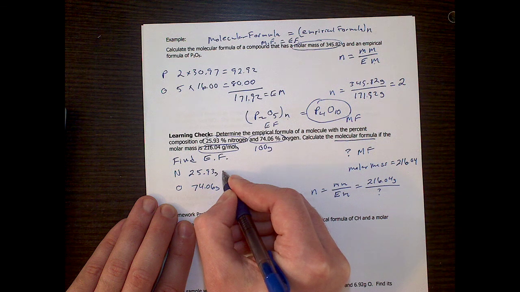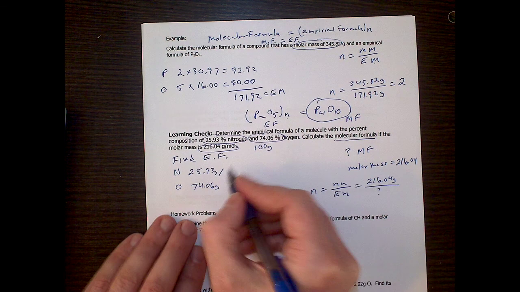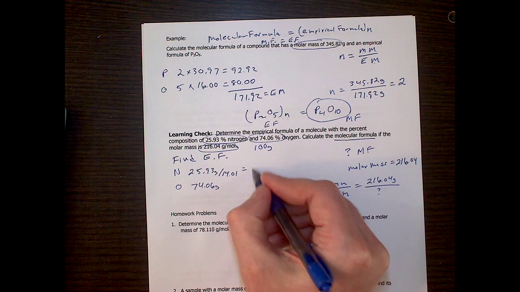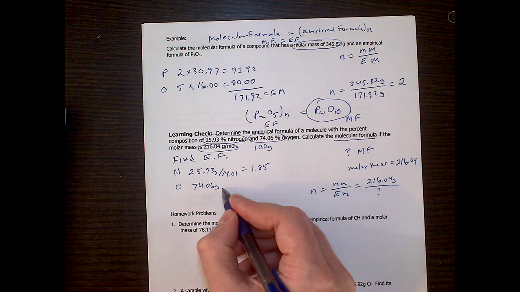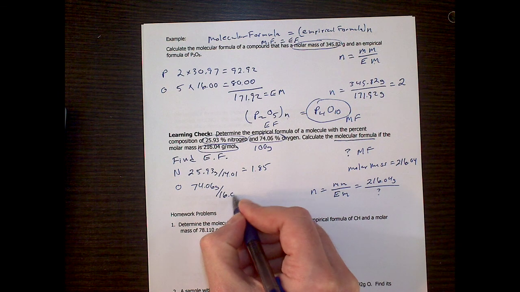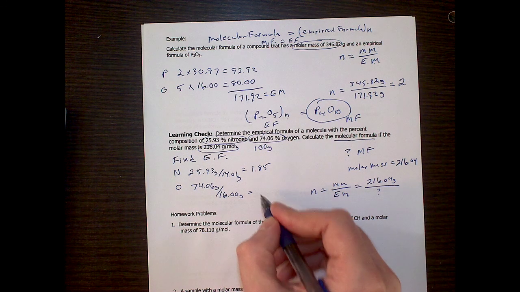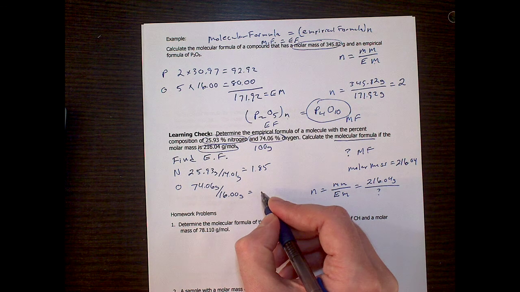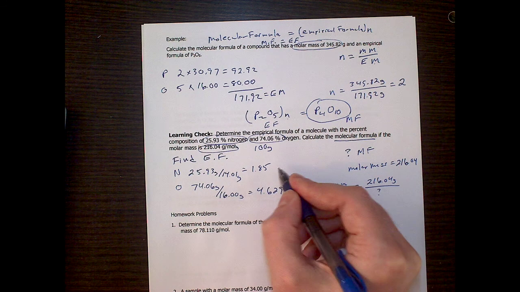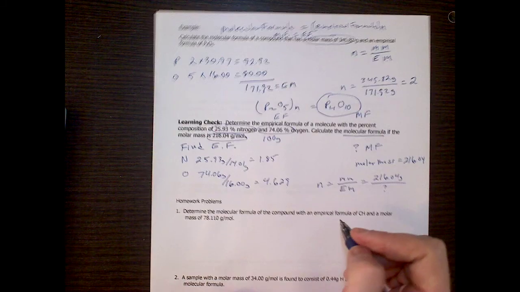Okay, now I'm going to divide this by the atomic mass of nitrogen, so that's 14.01, and that will give me 1.85. And I'm going to divide my mass of given oxygen by its molar mass. And that will give me 4.629. Okay, and these are actually moles. Right? Once I have that, I have my molar ratio.